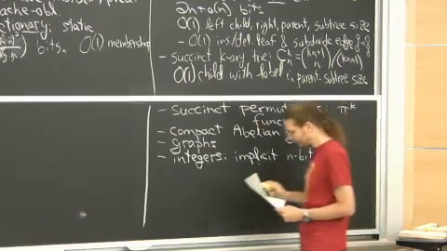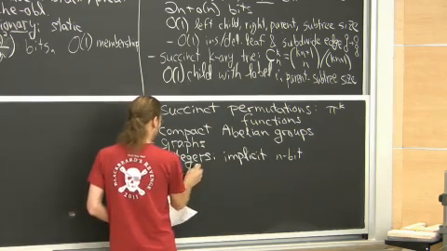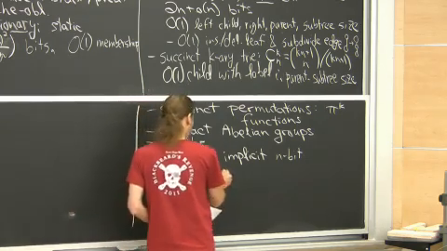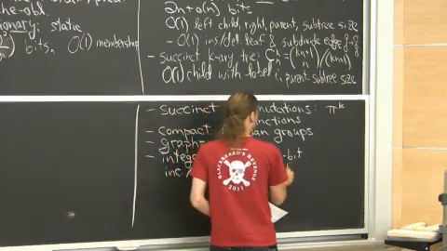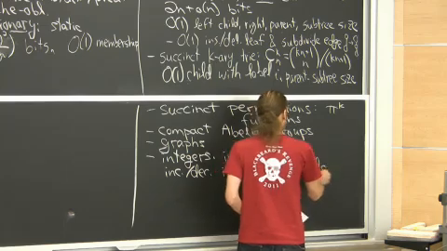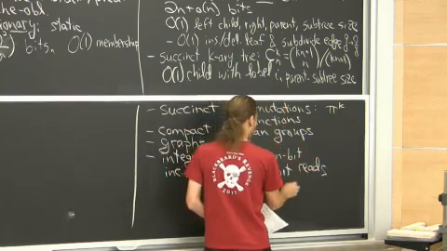If I have an n-bit integer, then I can do an increment or a decrement in order log n bit reads and constant bit writes.